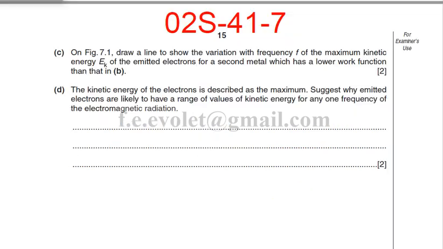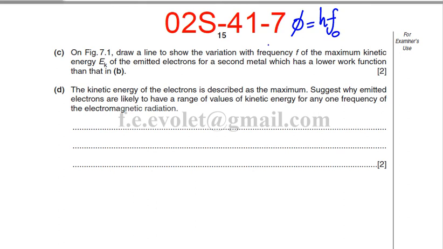Part C of the question says on figure 7.1 draw a line to show the variation with frequency f of the maximum kinetic energy Ek of the emitted electrons for a second metal which has a lower work function than in B. So the work function phi is given as hf naught.